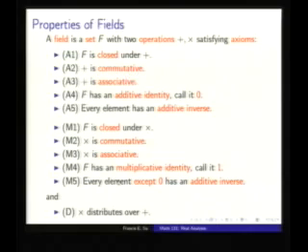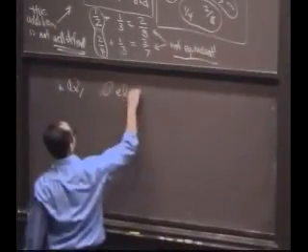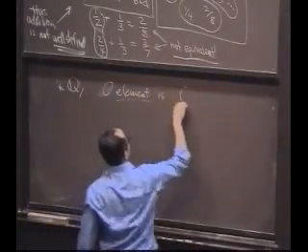So, for the rationals, what are the identity elements, additive and multiplicative? So the 0 element is what? What behaves like 0?